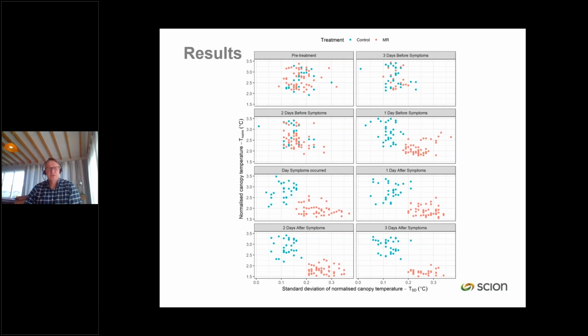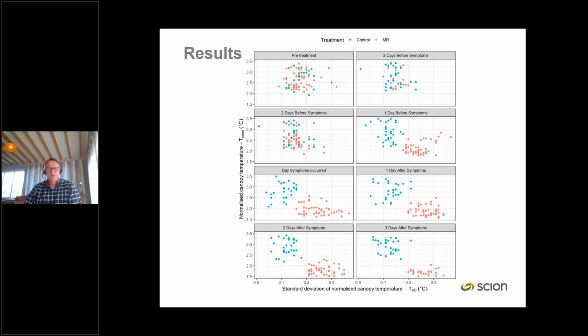So if we look at the top left panel, the 2 treatments are completely overlapping, pre-treatment and at 3 days before symptoms, and then 2 days before symptoms. But then by 1 day before symptoms, there's complete separation of these 2 groups, and this continues right through to the end. And by 3 days after symptoms, these groups are very well separated.